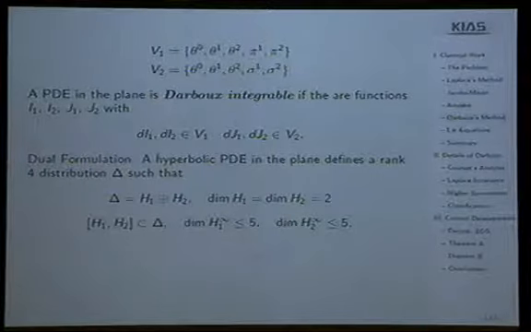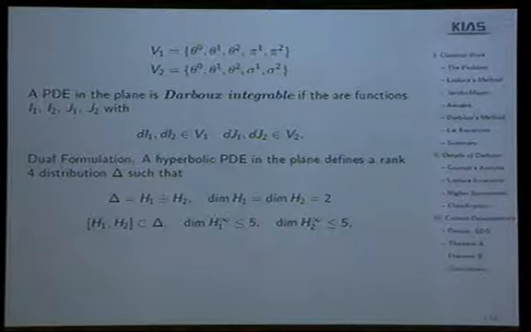And the hyperbolicity says this rank 4 distribution splits into a direct sum of two-dimensional distributions, each one with dimension 2. The structure equations say that the bracket of H1 and H2 is back in delta.